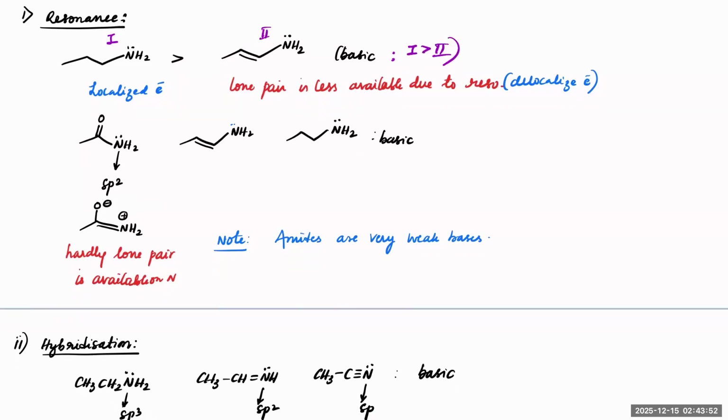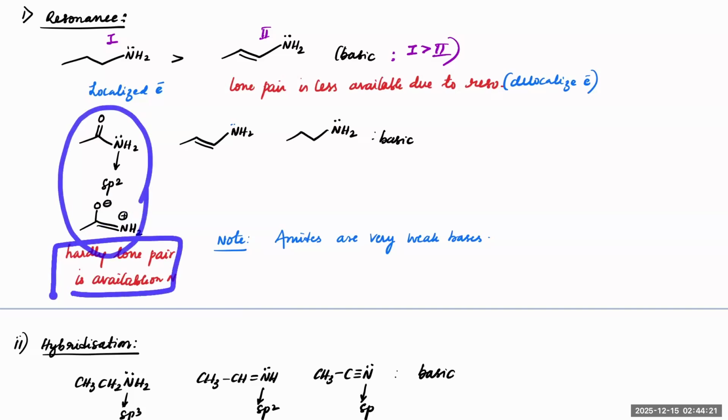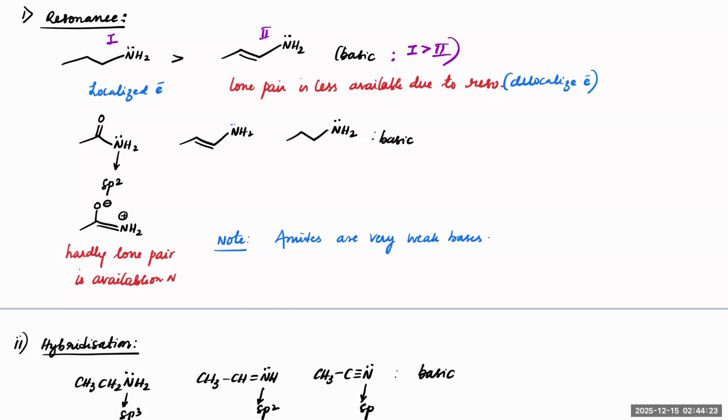Okay, next. If you have C double bond O NH2, then I have this group and then I have NH2 here. So C double bond O will make a very strong resonance with the lone pair of nitrogen. So with nitrogen, we will have this as NH2 plus and O minus, which means the lone pair is hardly available. Hardly lone pair is available.